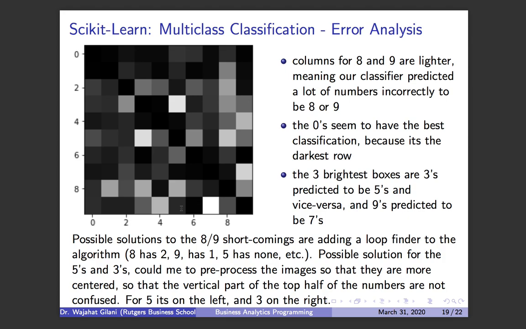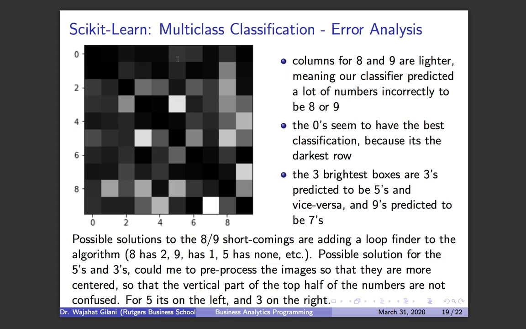This basically tells us what? There's a lot of errors in terms of the 8 and 9s. Our classifier predicted the 8 and 9s not too well. The zeros, and for the most part 1s, tend to have the best classification, and we saw that because they're the darkest rows, and we saw that when we were looking at our precision and the recall.